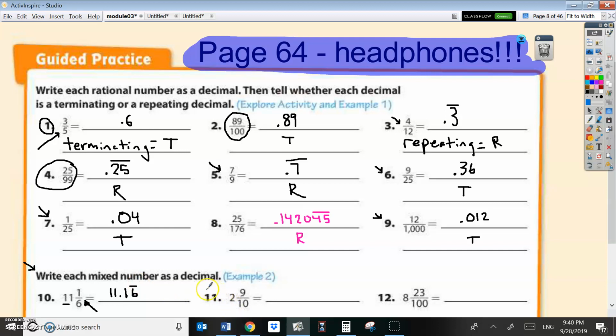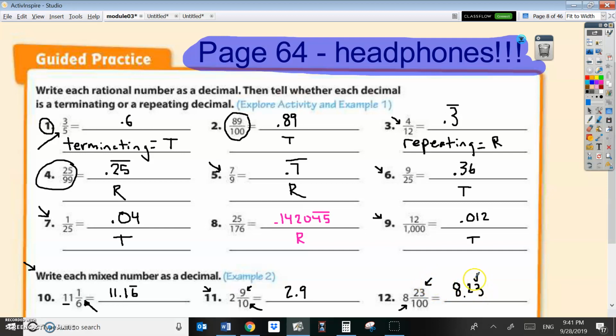Okay, this one here, the denominator is already a 10, so that tells you that all you have to do is put the numerator right here and you're done. This one here, the denominator is already 100, so that tells you you just put the whole number and then the numerator becomes your decimal.